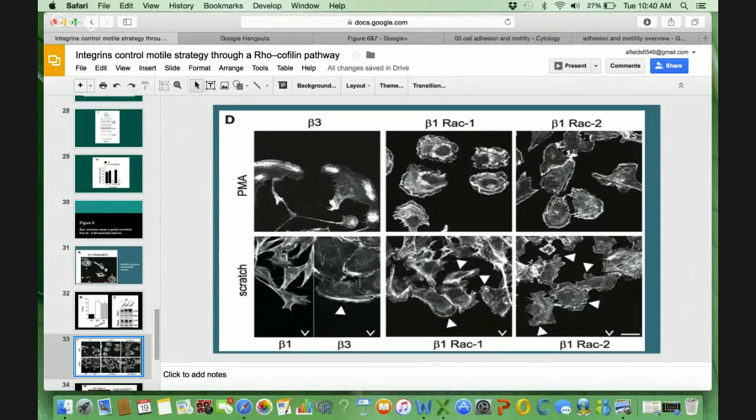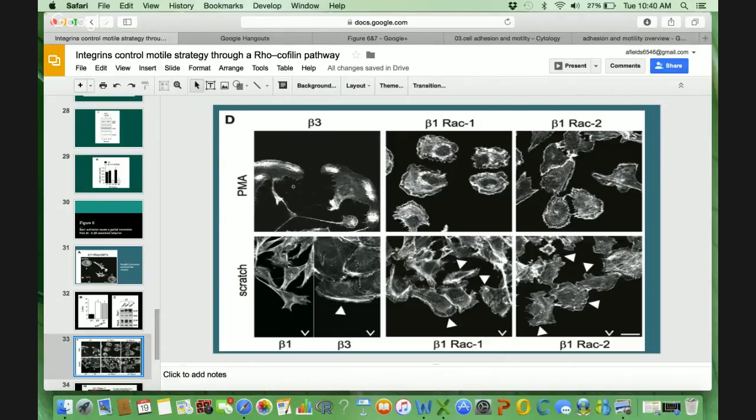And here in figure D, what you observe is they applied the Rac mutant to the PMA treatment. What we see here in the beta 3 integrins and the Rac mutants is that it did not establish the cytoskeleton rearrangement as induced by PMA.